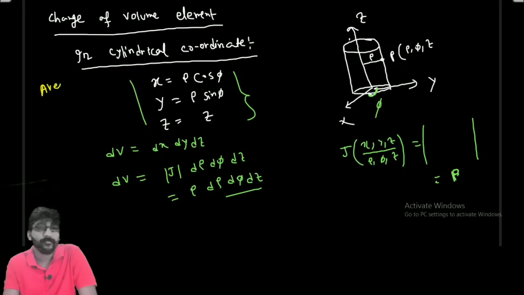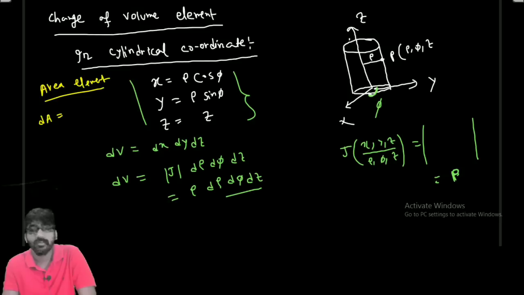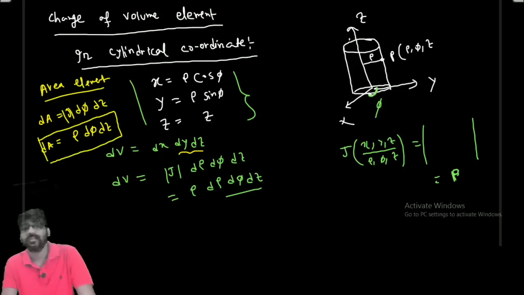The area element dA will be just d phi and dz multiplied by mod J, and mod J is r or rho, so rho d phi dz. So this will be the area element in cylindrical coordinates.